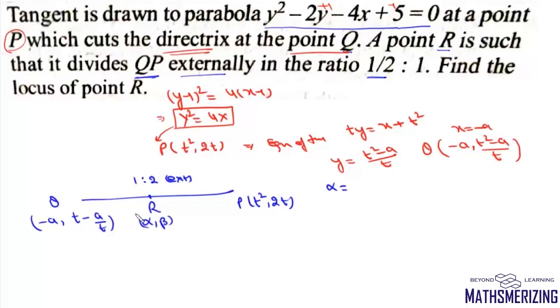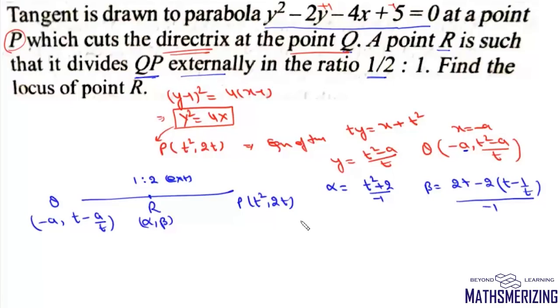So we can write alpha as t square minus 2 a. What's the value of a? a is 1. So it'll be simply t square plus 2 upon minus 1. And what's beta? Beta is 2t minus 2 t minus 1 upon t upon minus 1.